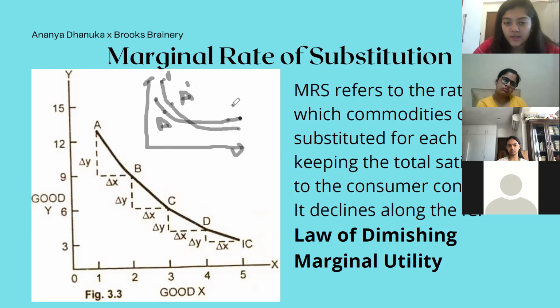But if I have a point B and B prime, then my level of satisfaction has declined. This is C, and this is one indifference curve. Do you see the problem here? It should have the same level of satisfaction throughout.